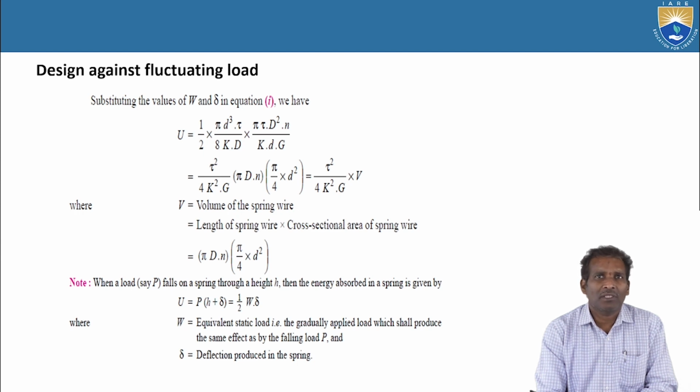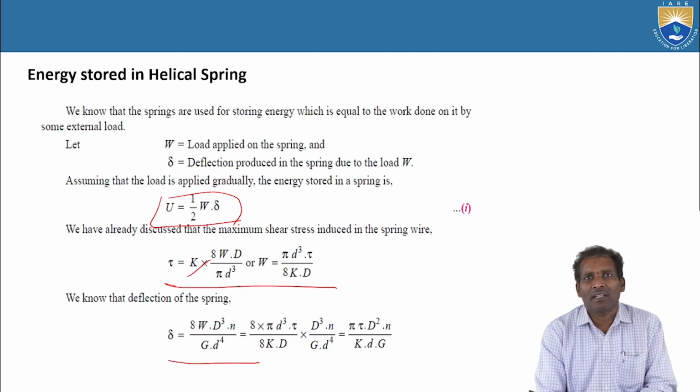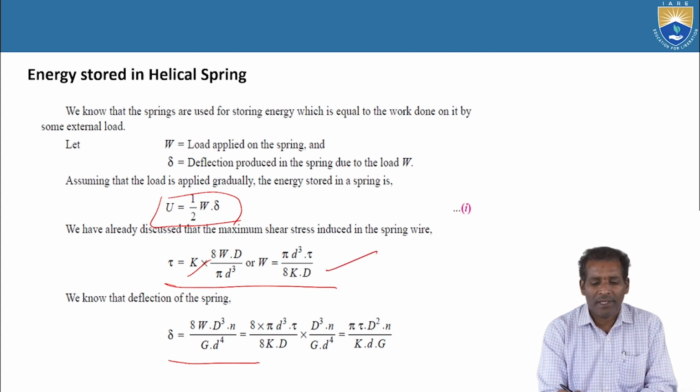Here, substituting the values of W and delta in the equation U is equal to half into W into delta, W was already calculated as d cube into shear stress upon 8 K D, and delta was also calculated in terms of the shear stress, D square and K d.